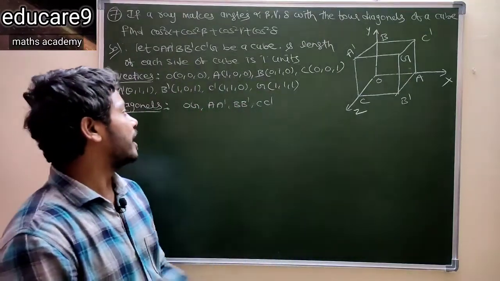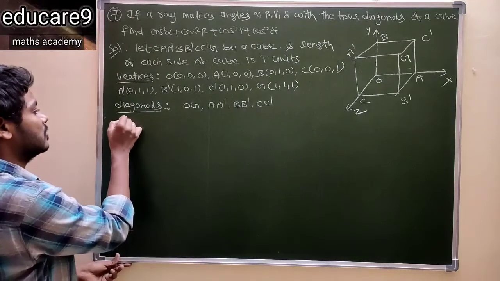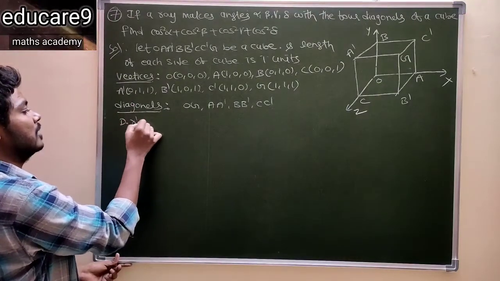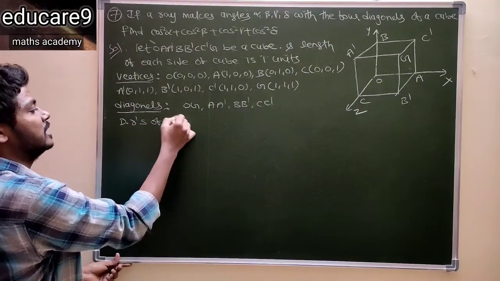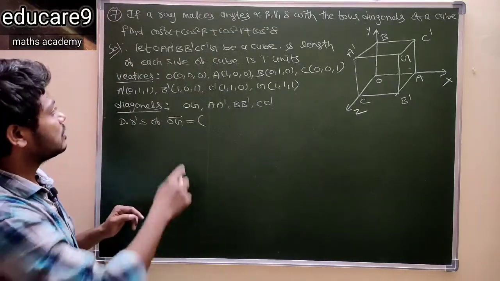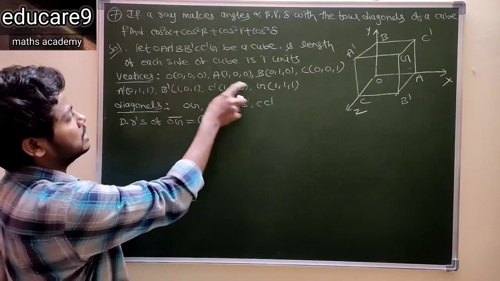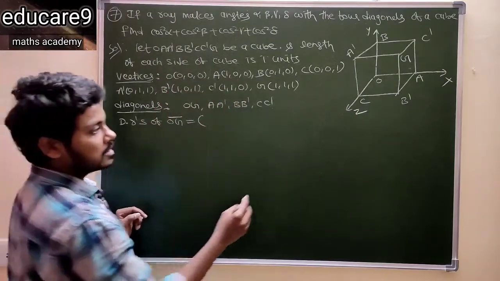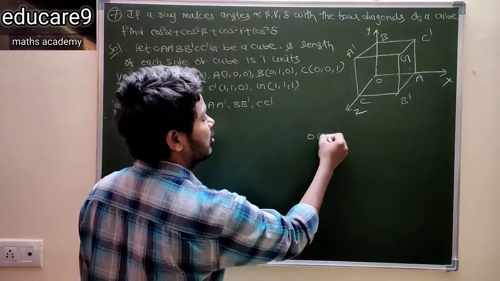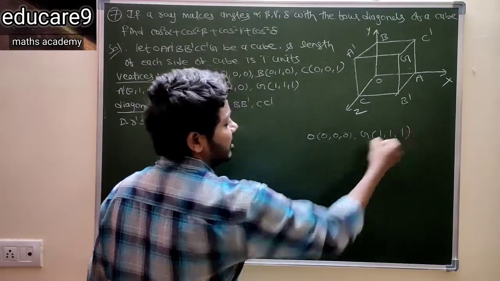Now you need to find DRs of the diagonals. See here, DRs of OG. How to find DRs? See here, you know the 2 points O and G. O is 0, 0, 0 and G is 1, 1, 1.